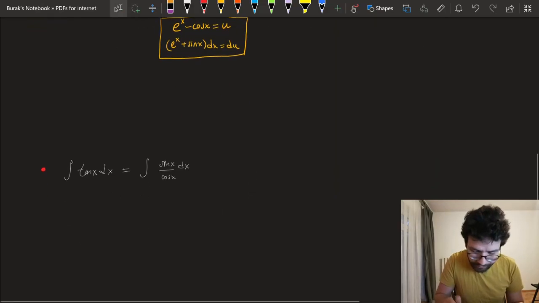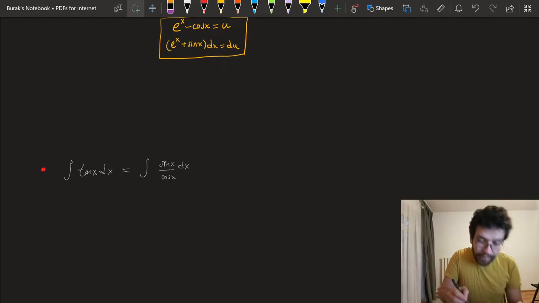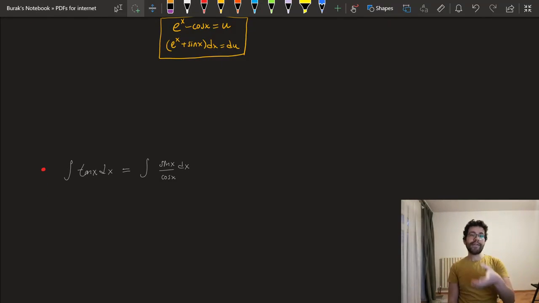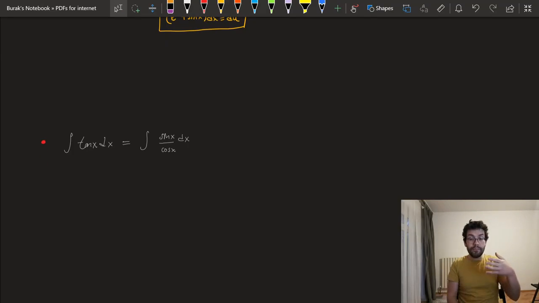Sine over cosine. And I ask myself the following question. Can I find some function of x in this integrand? Can I find some expression of x, which, if I call u, will give me a u prime in the integrand?